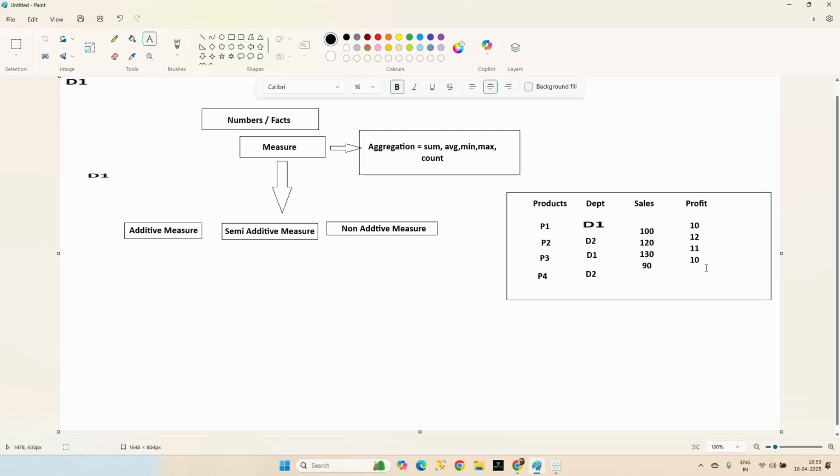Now I want department wise sales. What can I do? We can do aggregations, right?